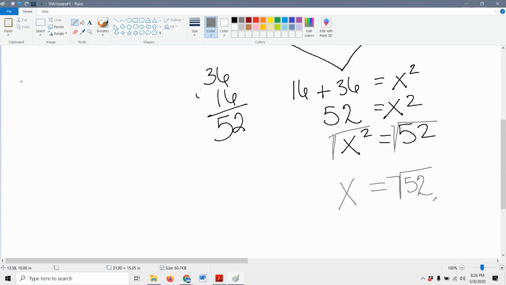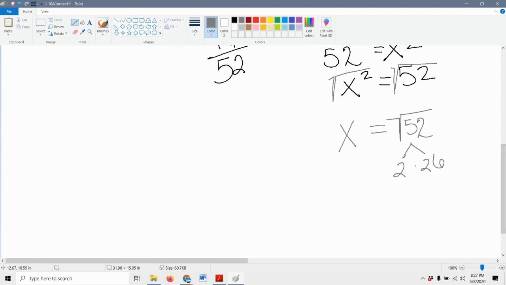Now, I'm not going to take any points off if you leave your answer here. But the best thing to do is to simplify this radical. Remember, the way we do it is prime factoring. We know that 2 can go into 52, and that goes in 26 times. 2 is a prime, 26 is not, so we divide again, and 2 goes into 26 13 times.